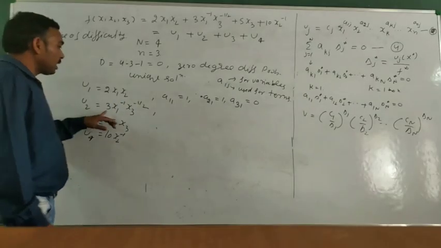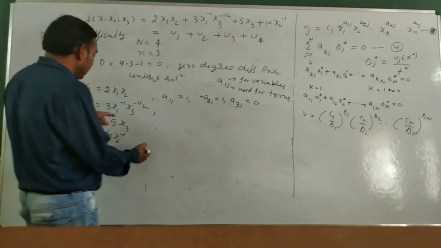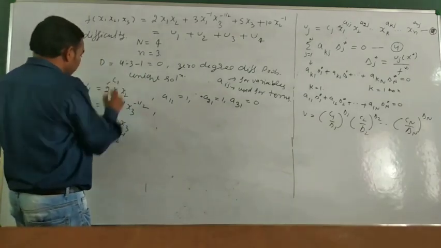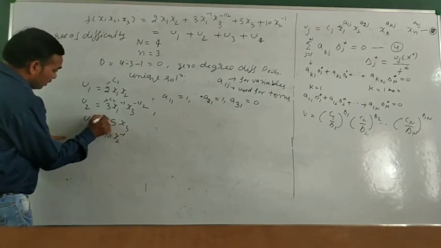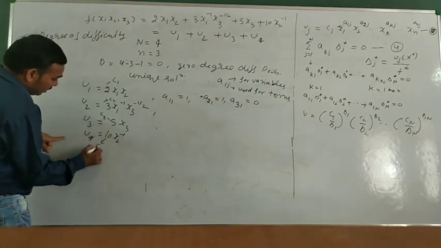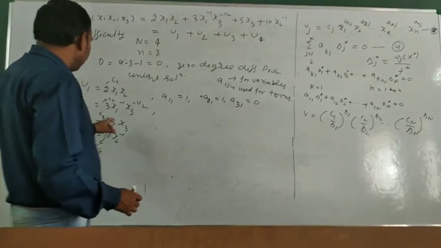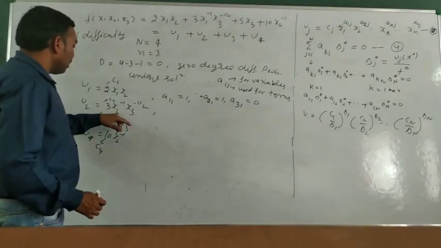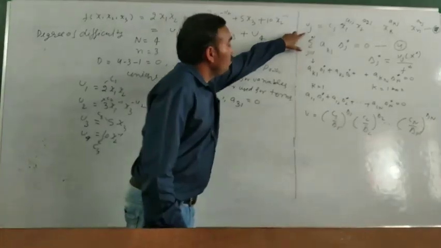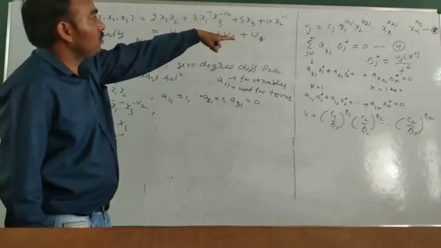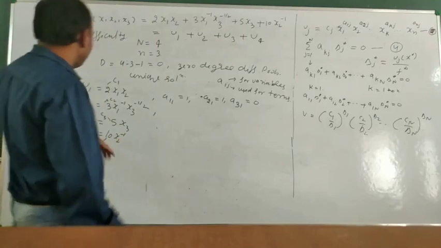So u2 means the second term, where this is c1, this is c2, c3 and c4. Here you see x1 to the power minus 1, so j equal to 2, c2 x1 to the power a12.